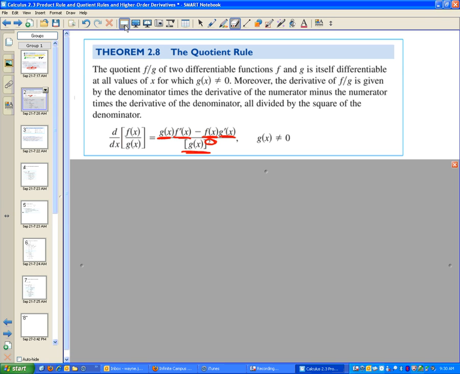If the denominator times the derivative of the numerator minus the numerator times the derivative of the denominator, all divided by the square of the denominator, works for you, go for it. If you're going to use symbols, I would do it this way. I'd do that for the bottom, that for the derivative of the top, minus that for the top, that for the derivative of the bottom, over, and then that for the bottom squared.